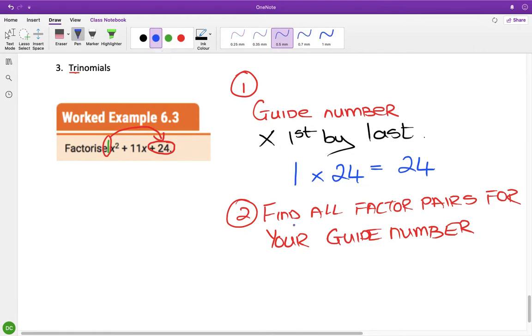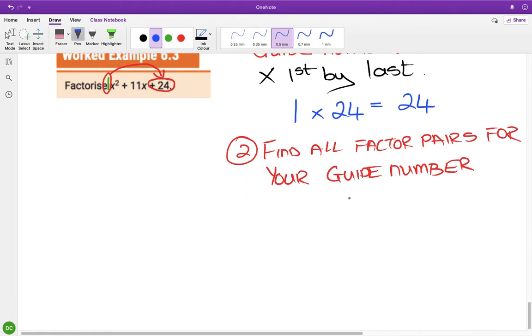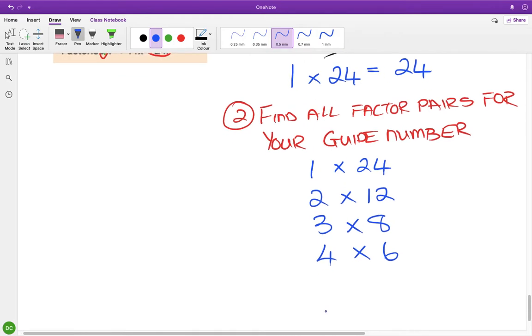So we take the 24 and we write our factor pairs. 1 times 24, 2 by 12, 3 by 8, 24, 4 by 6, 24. 5, no, and 6 would just bring me back to this one. So I'm done.